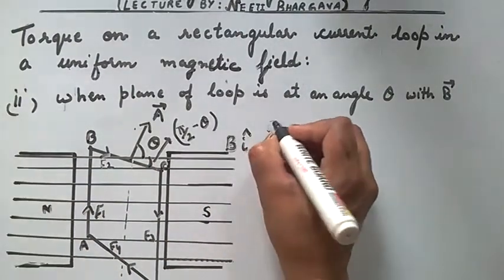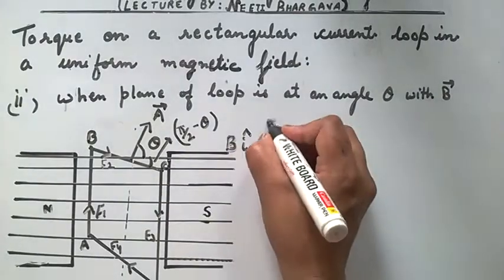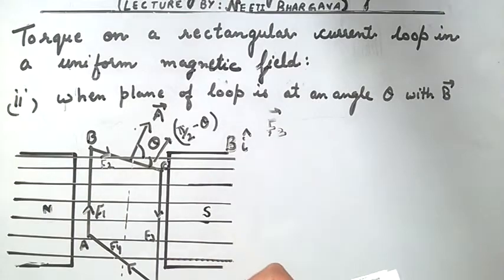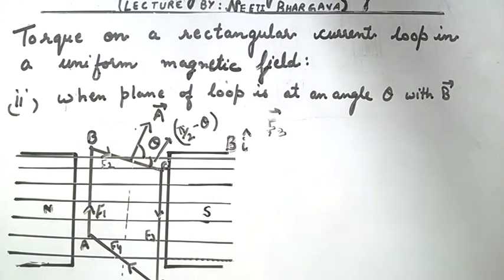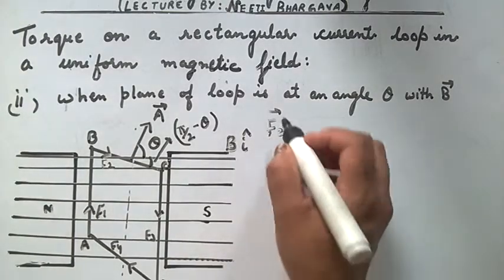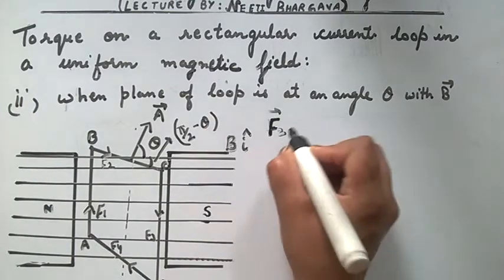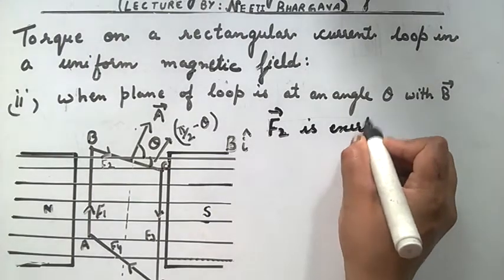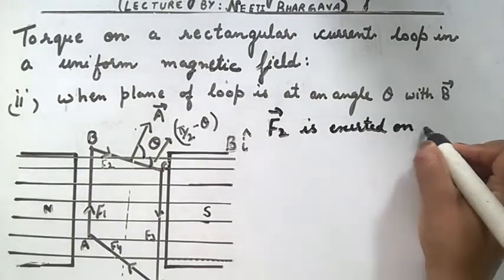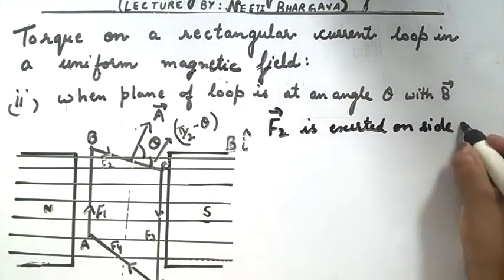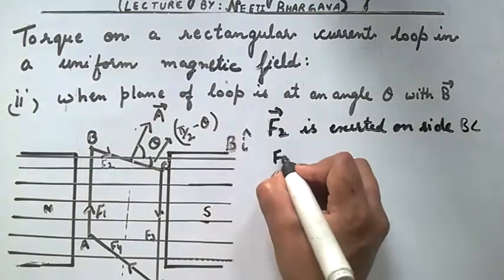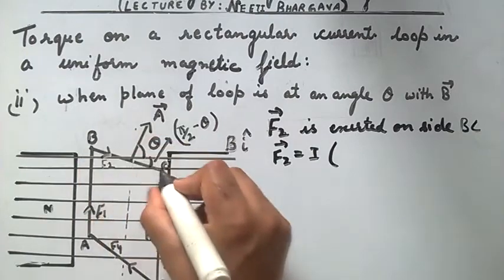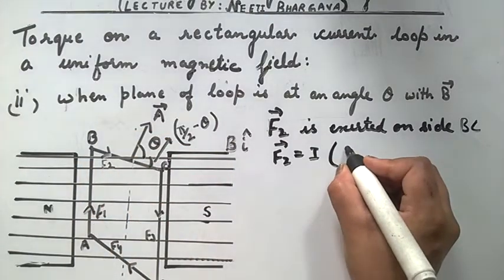F2 force: the area of the rectangle is the same, length into breadth. Here the F2 force is exerted on side BC, which is equal, by Ampere's law, to I, length here equal to b, that is breadth, cross B vector.